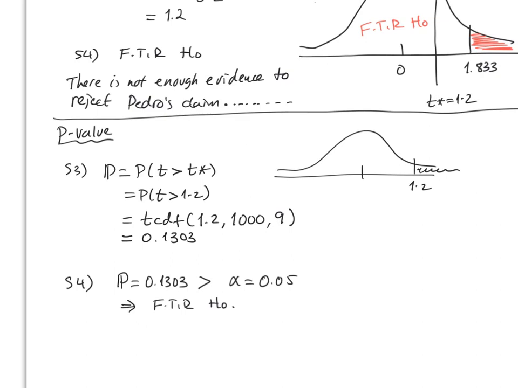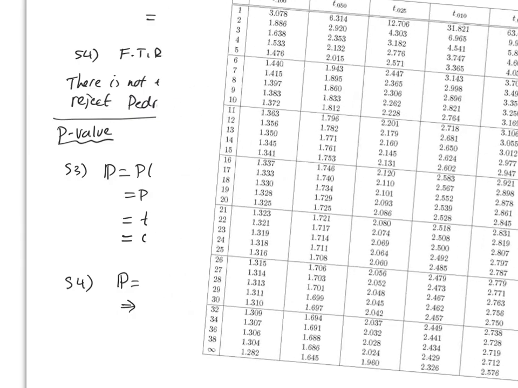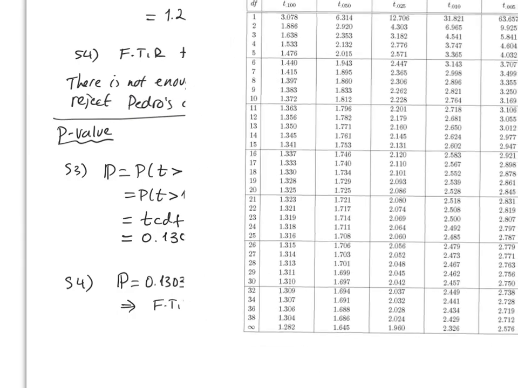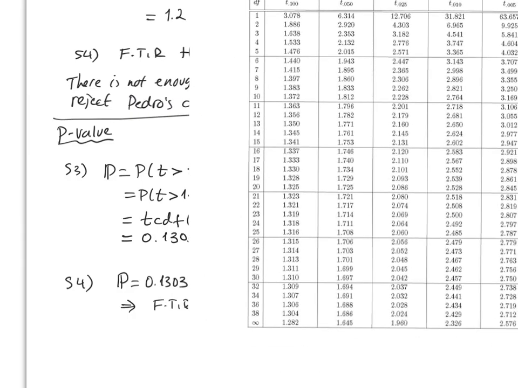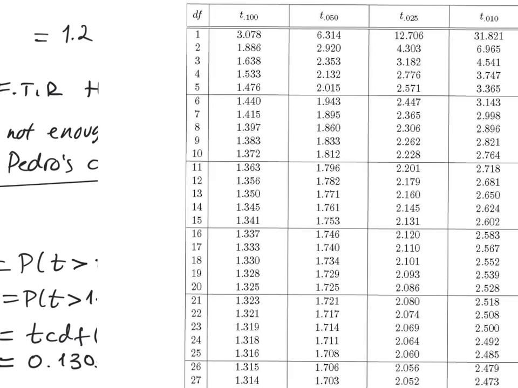Now, let's say that you don't have the calculator, so how can you approximate it with the table? If we use the table, what is the value that we're trying to find? 1.2. How many degrees of freedom do we have? 9, right? 9 is here. So 1.2 will be somewhere here.